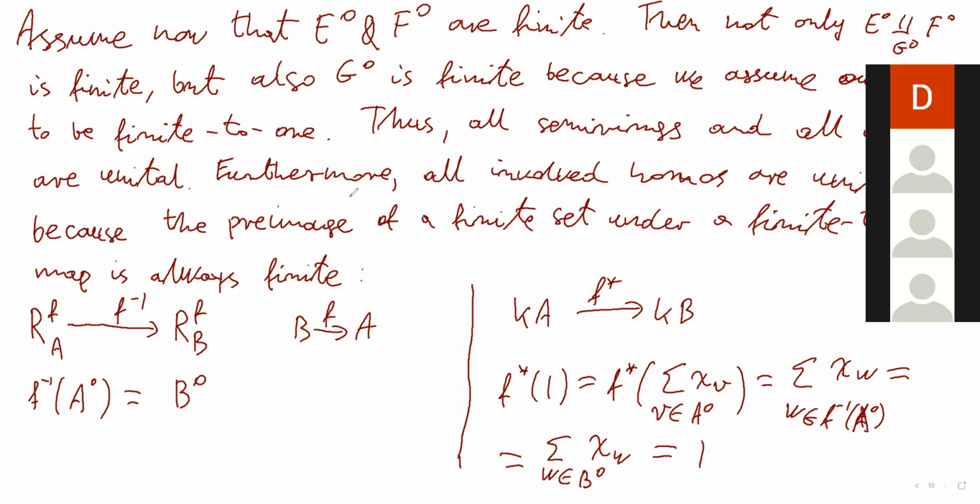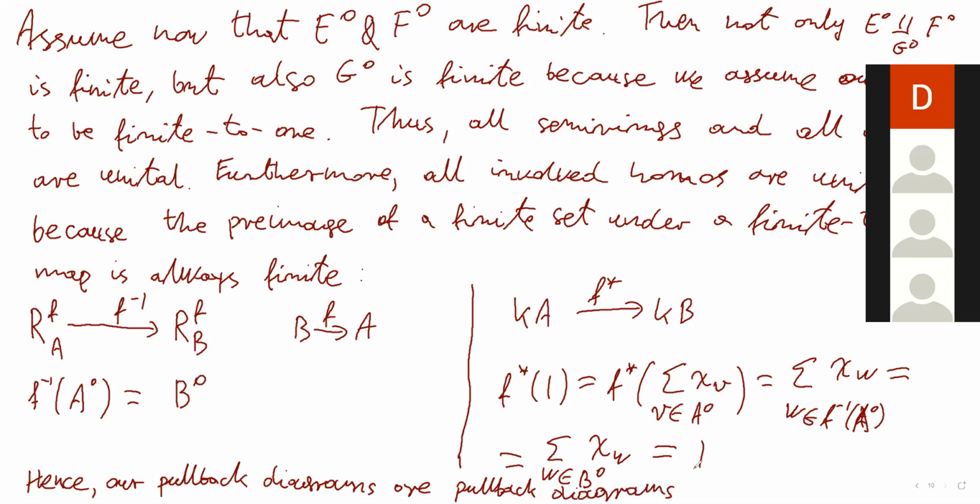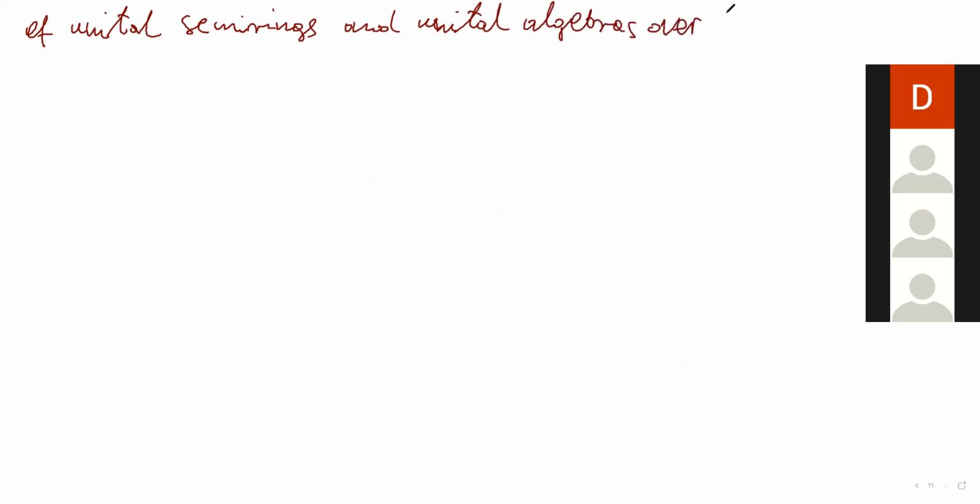So maybe let me write it down as a conclusion. Hence, our pullback diagrams are pullback diagrams in the category of unital semi-rings and unital algebras over K respectively.